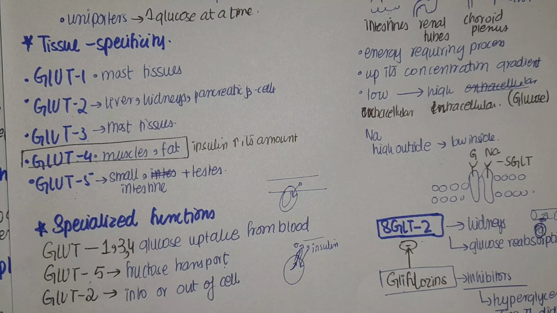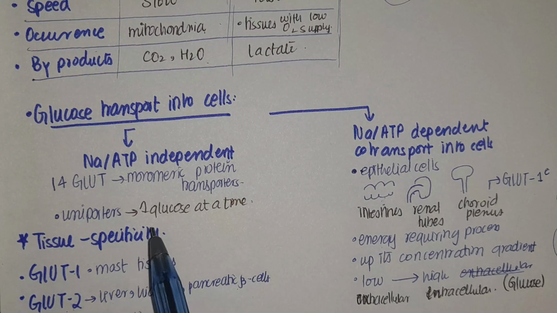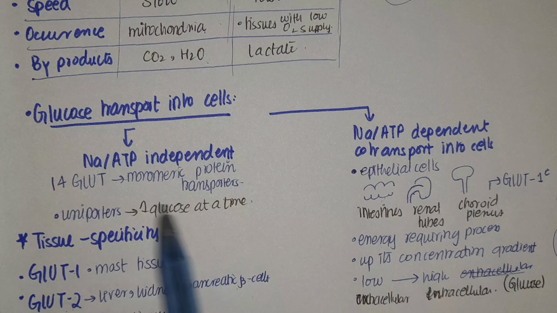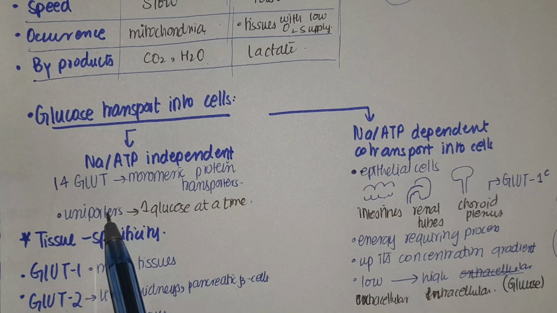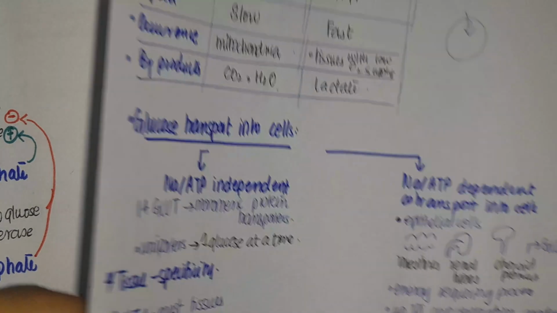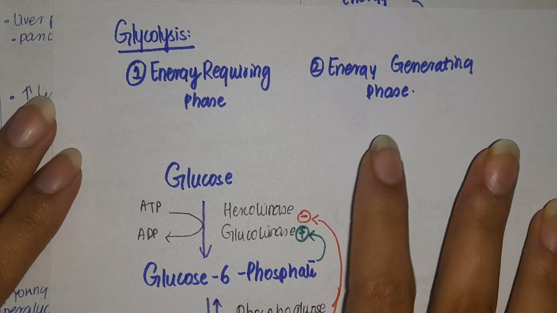So GLUT2 has dual activity. Now all these GLUT transporters, the 14 of them, transport one glucose at a time, so they are uniporters. In the next video, we will further start the glycolysis process, which has two phases: the energy requiring phase and the energy generation phase, inshallah.